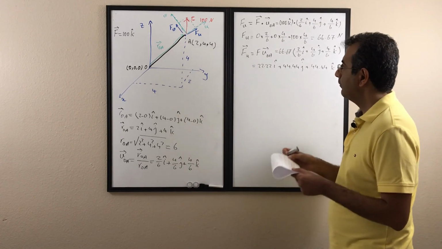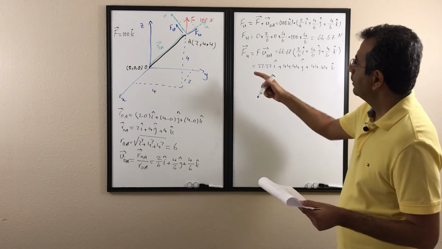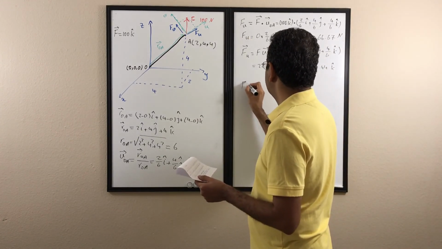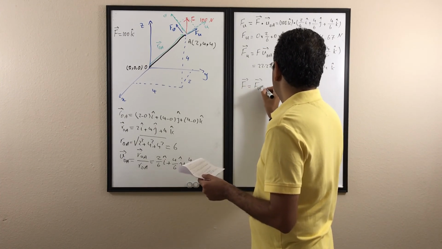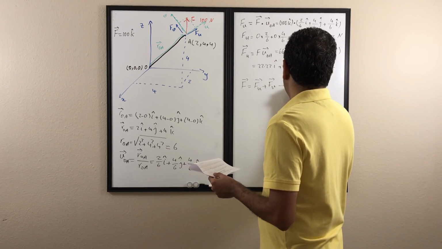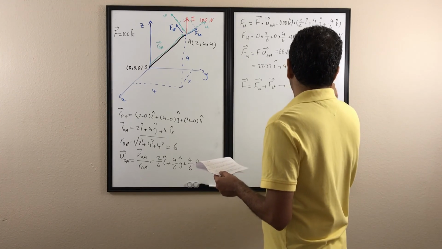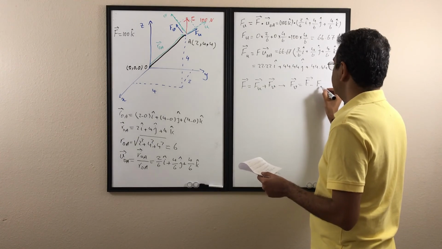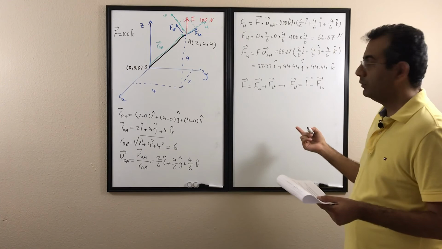Now if we want to find F_V, we know that F is F_U plus F_V. Therefore F_V is just F minus F_U, in vector form.